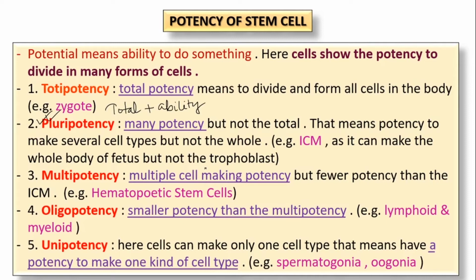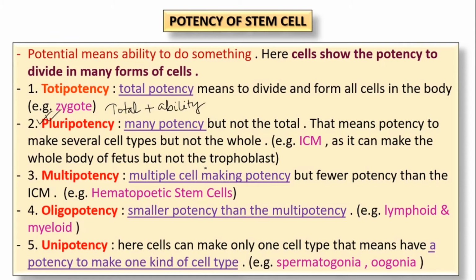ICM means the inner cell mass, and it can form the whole body of the fetus but not the trophoblast. The trophoblast further forms the placenta of any fetus, and this trophoblast cannot be formed by the ICM.